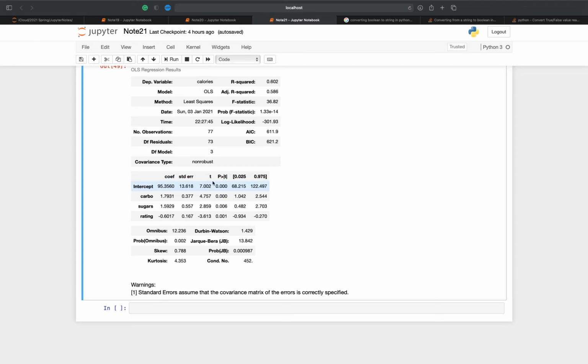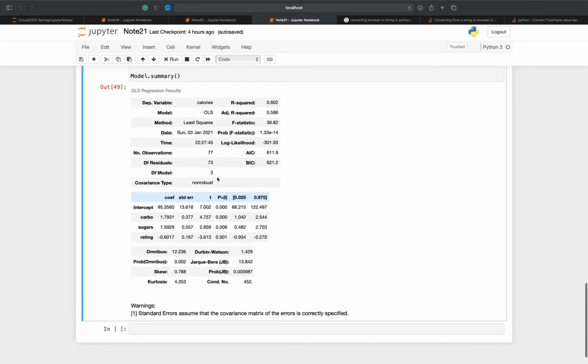Probability. Look at this. Actually there is a probability here. Whatever you see here, the F statistic and its probability, this examines the whole model. It's not examining each single variable.